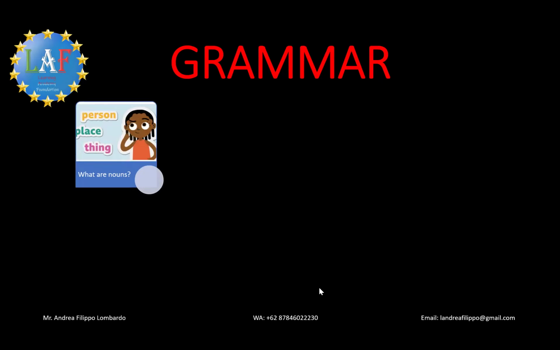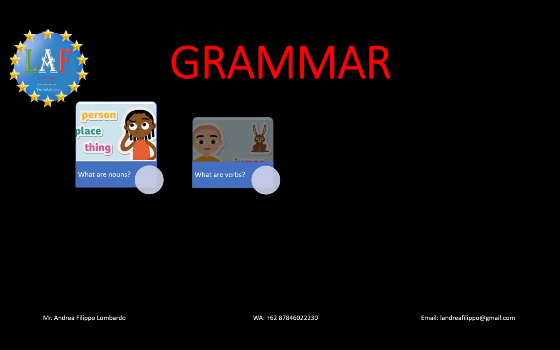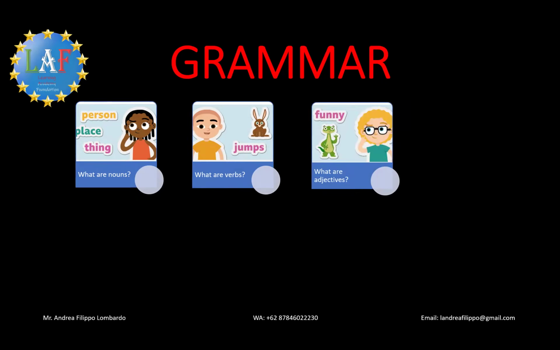The students will find out how they can use different types of nouns in their writing. They will learn what verbs are and how they can use them in their writing. They will find out what adjectives are and how they can use them in their writing.